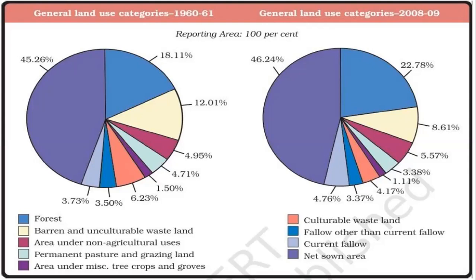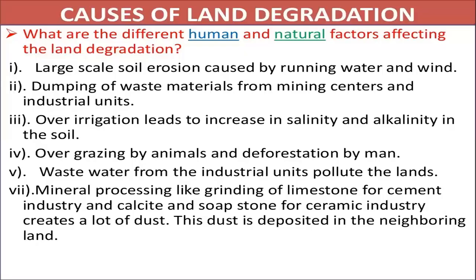Serious repercussions on society and environment have happened because of land degradation. We saw how we get land degradation, and now we look at what are the different human and natural factors that affect land degradation.